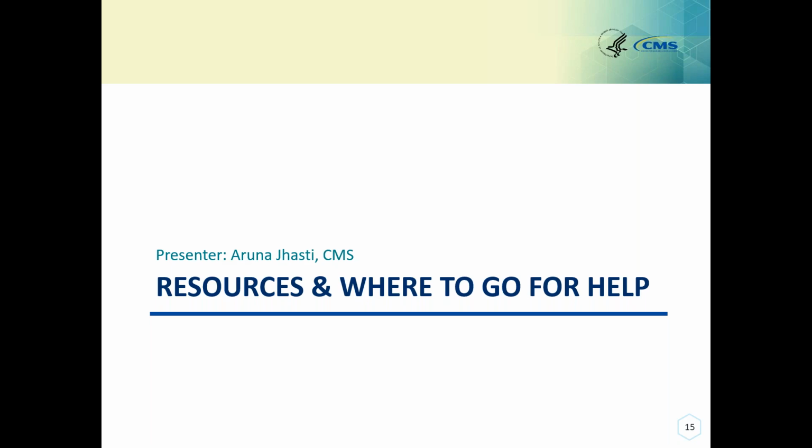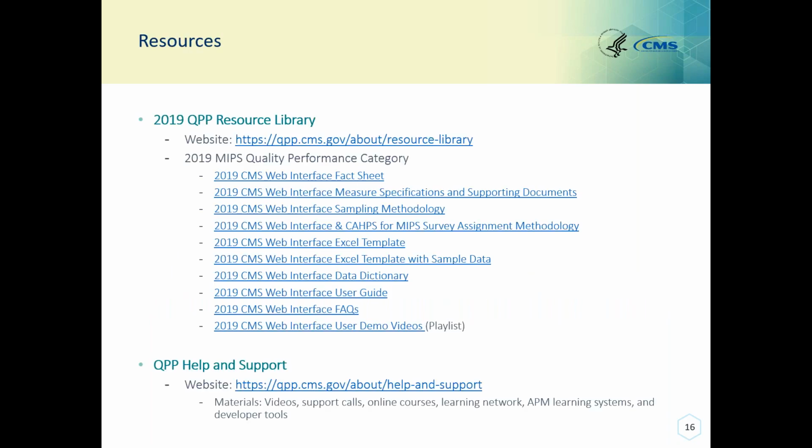Thanks, Angie. Next, we'll go over available resources and where you can go for help. Please note that 2019 materials providing information on the MIPS Quality Performance category are available on the Quality Payment Program Resource Library.